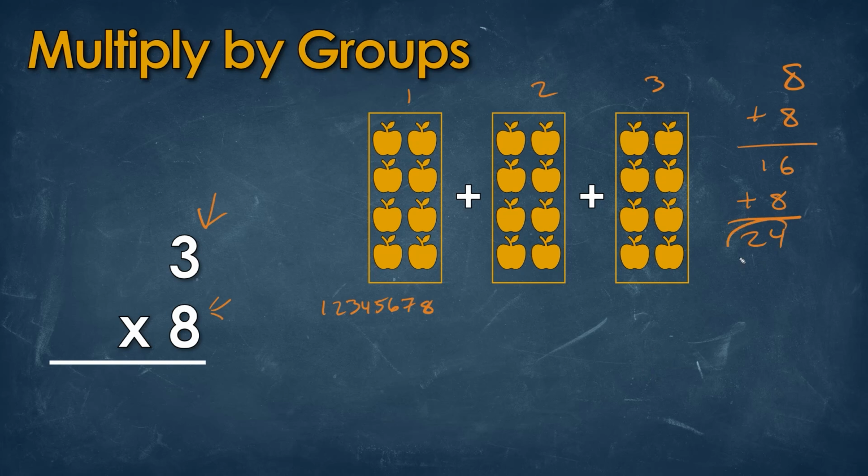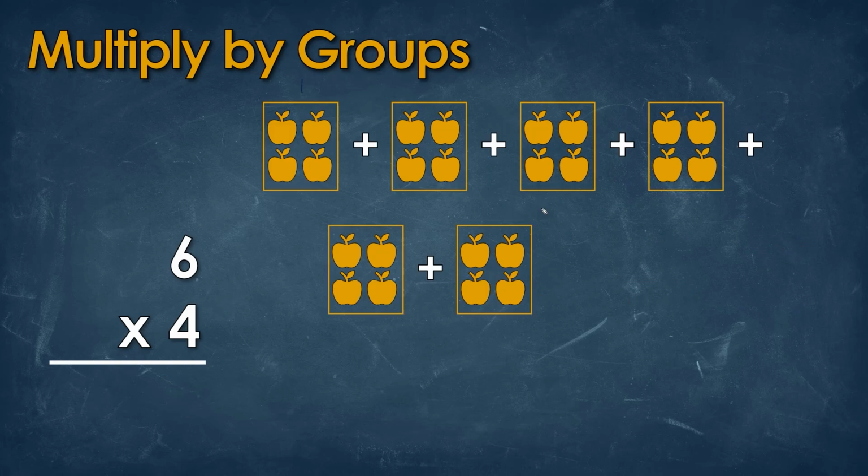Now we can do that way if that makes it easier, and we could also count it. So we know the first group had 8, and we got 9, 10, 11, 12, 13, 14, 15, 16, 17, 18, 19, 20, 21, 22, 23, 24. Okay, so they both come up to the same answer.